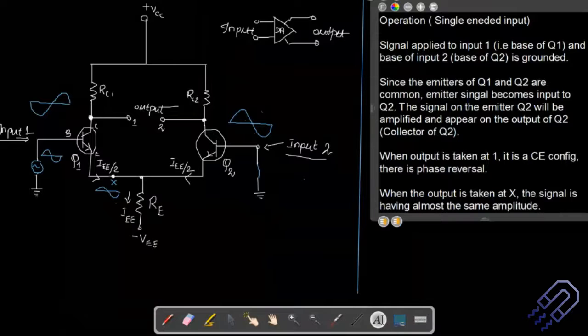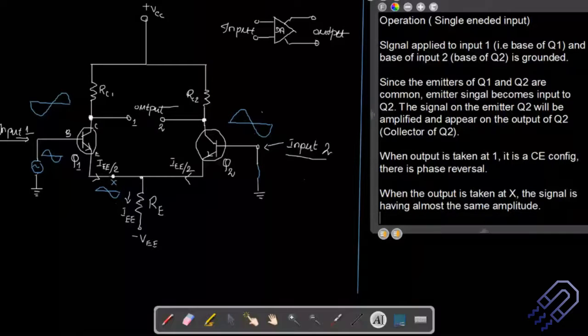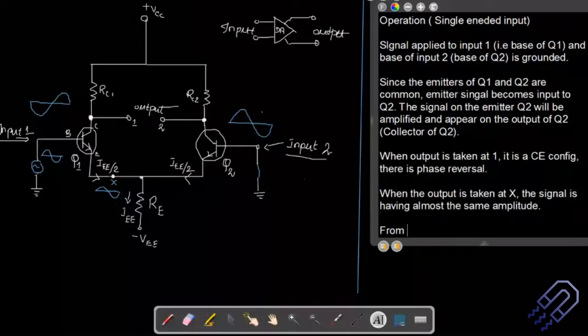If I'm writing this down in general, from Q2 we have the base grounded.